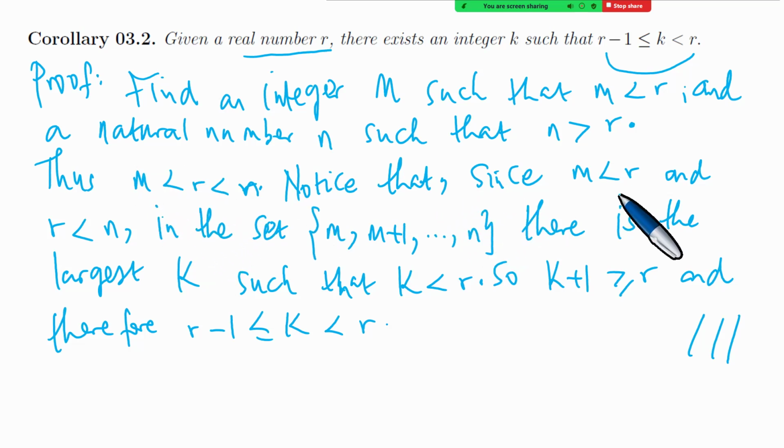Notice that since m is smaller than r by hypothesis, and also r is smaller than n by hypothesis, in the set m plus 1 to n, there is the largest k. We can get the largest k such that k is smaller than r.